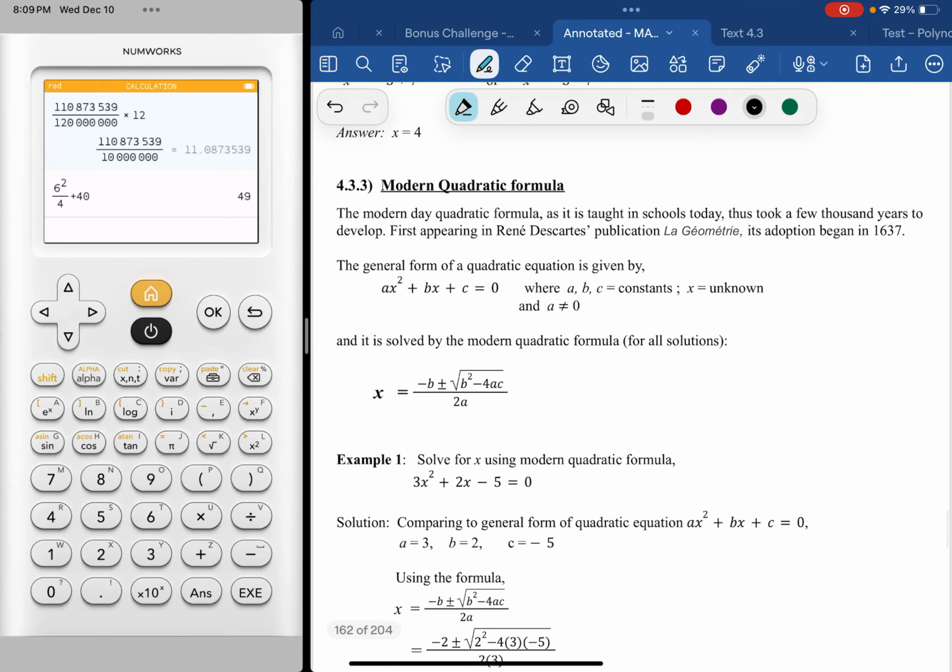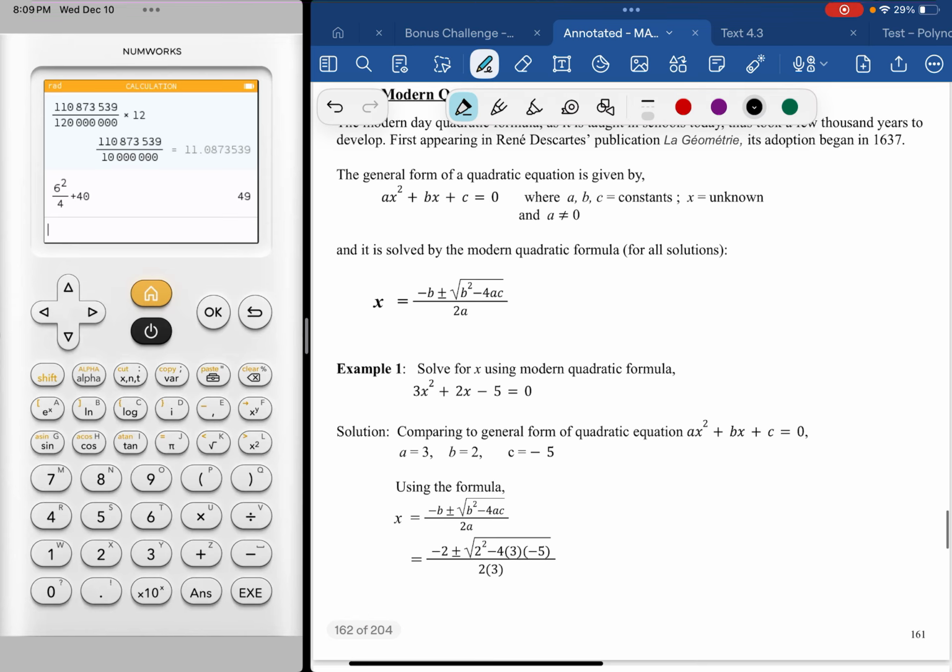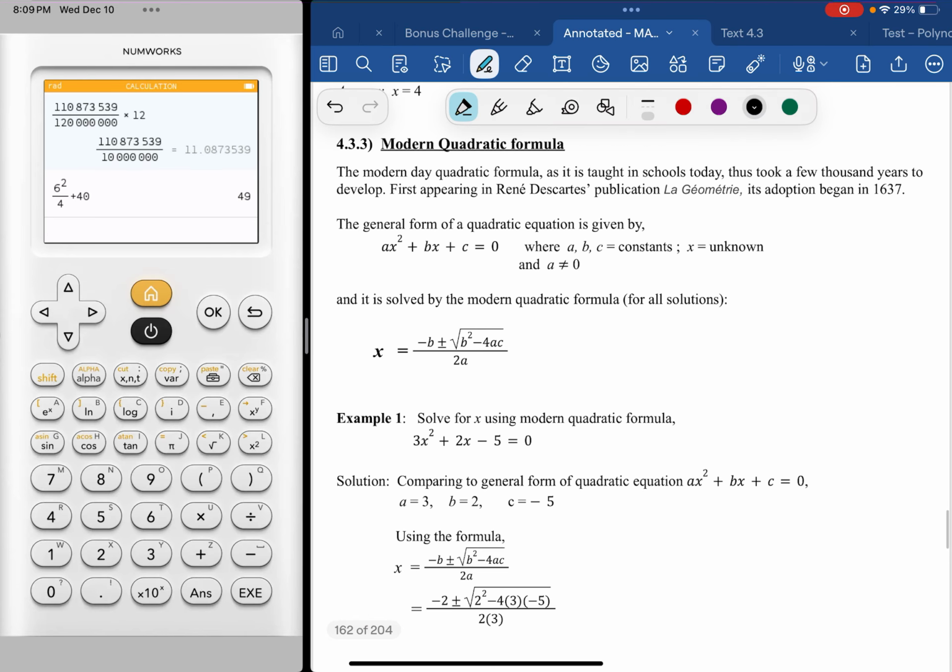Right, so in 4.3.3, we have the modern quadratic formula, which looks a little beefier than the Babylonian one, but this allows for an a value to be other than a 1.